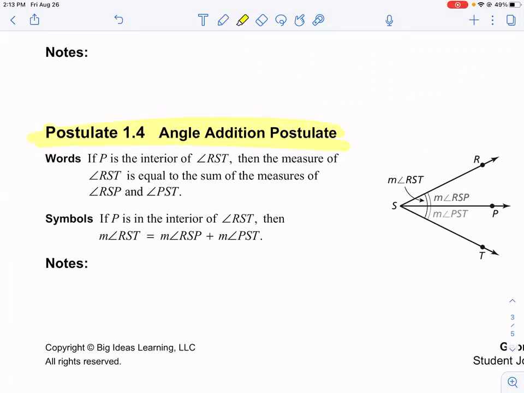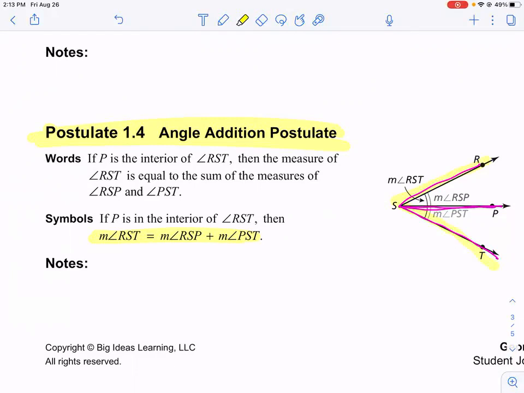As long as we have a point in the interior of our angle, then we can say angle RST plus angle PST equals our angle RST, the whole thing.